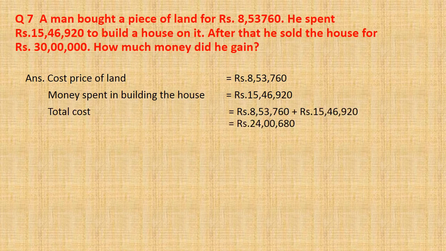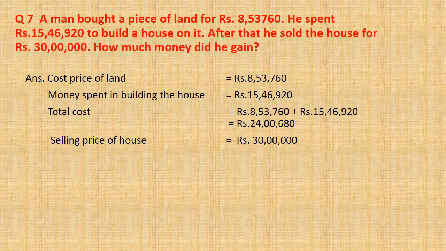Now the total cost or money which was spent was, we will add the cost price of land plus money spent in building the house. So the total cost will be 24,680. Now students, as we can see that he sold the house for 30 lakh and cost price 24,680.